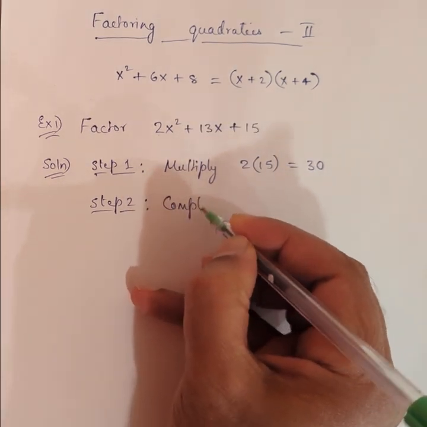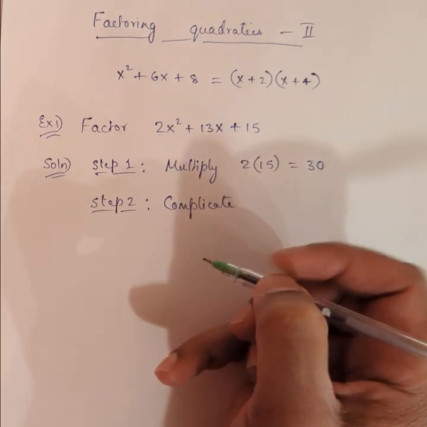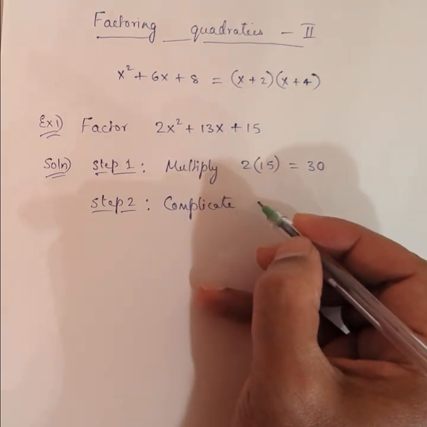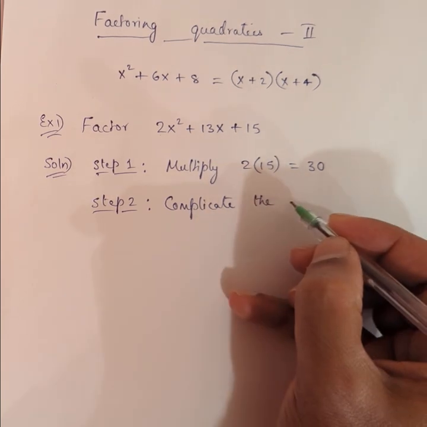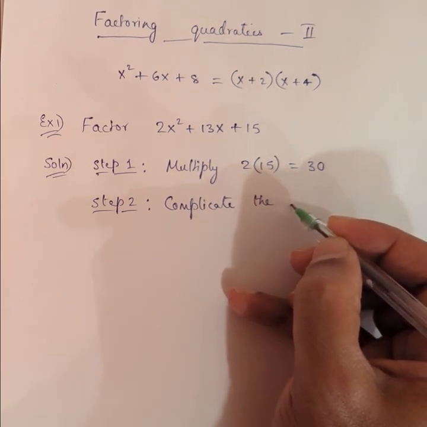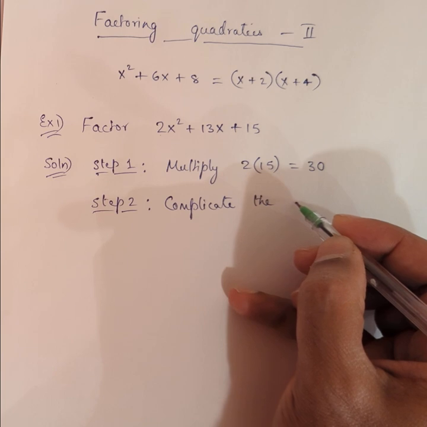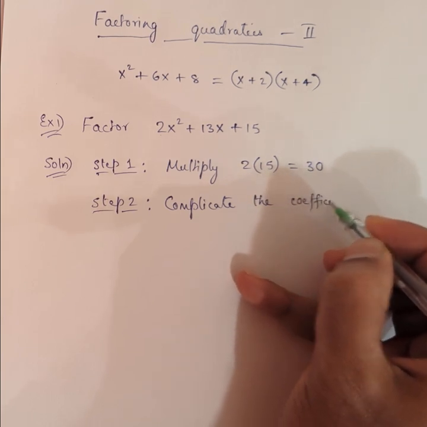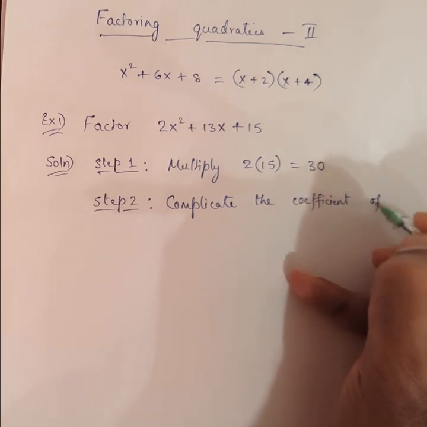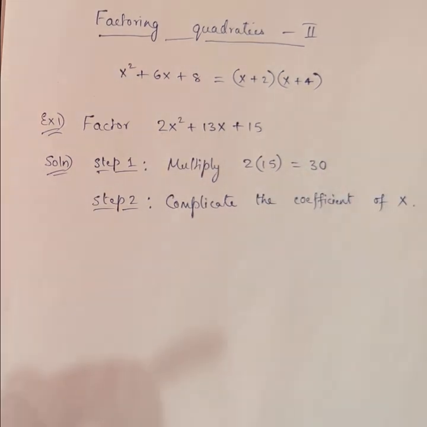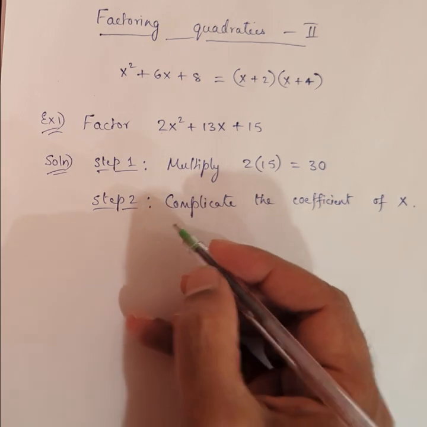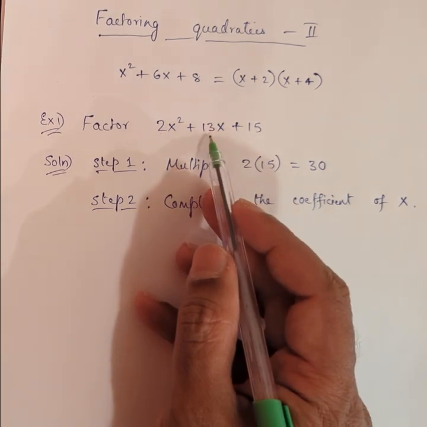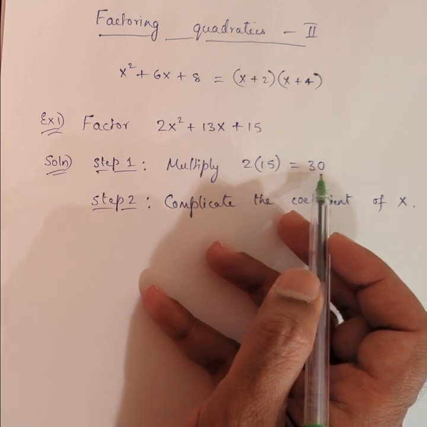I will say complicate the middle coefficient, or complicate the linear coefficient, or complicate the coefficient of x. What I mean by that is I want to think of 2 numbers which add up to 13 and multiply to give me 30.